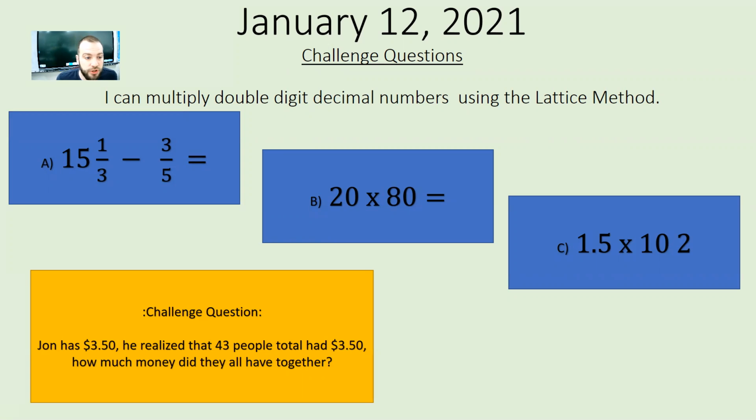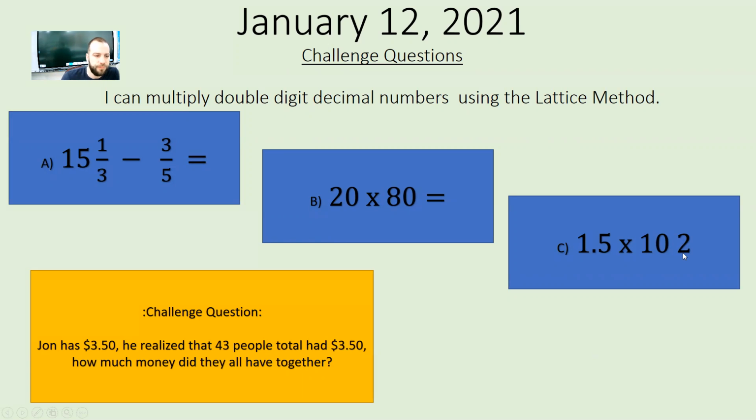So your challenge questions, you should have already knocked out of the park, right? They look very similar to yesterday, and once again, what happened to my exponent? My exponent always grows as soon as I put it on Zoom. I don't understand that.